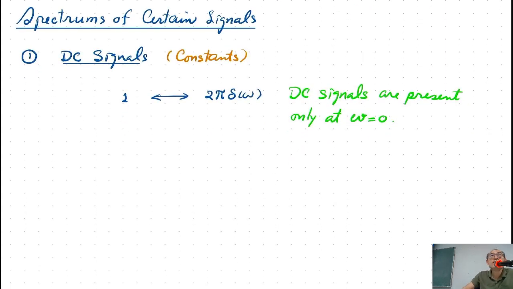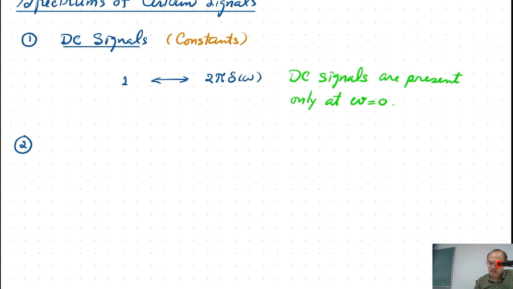So that's DC signals. Second is unit impulse.